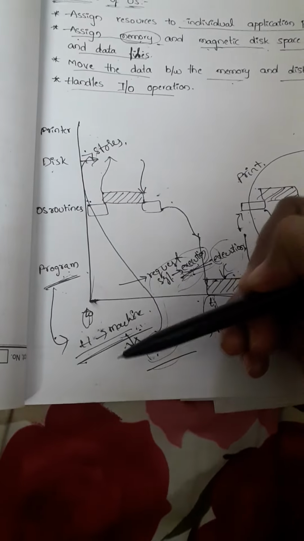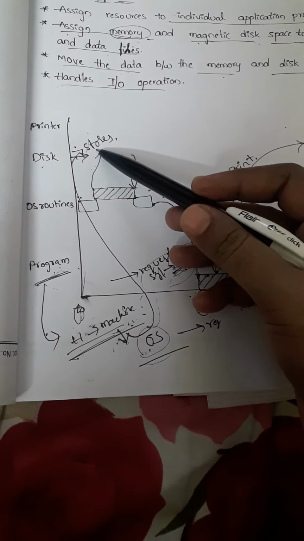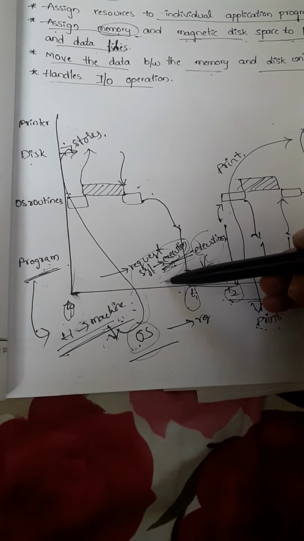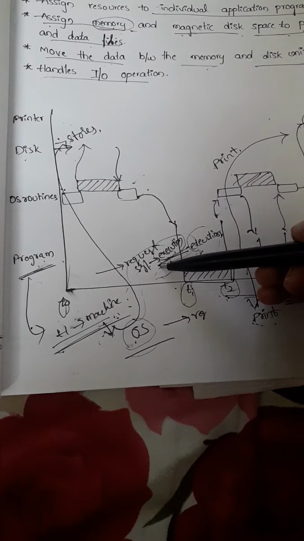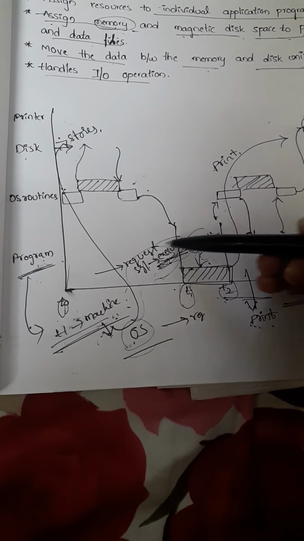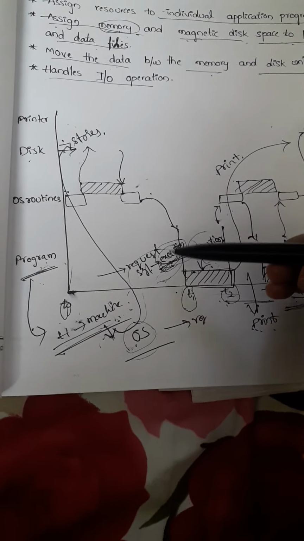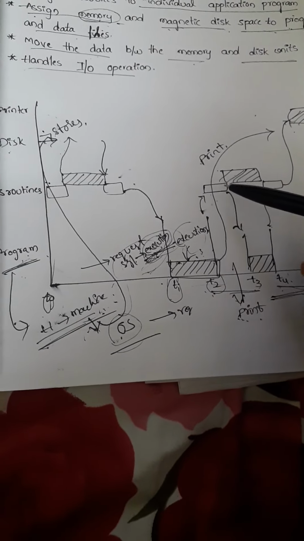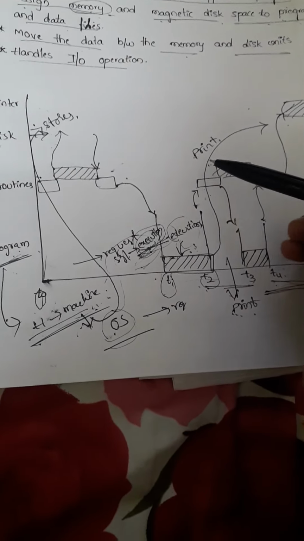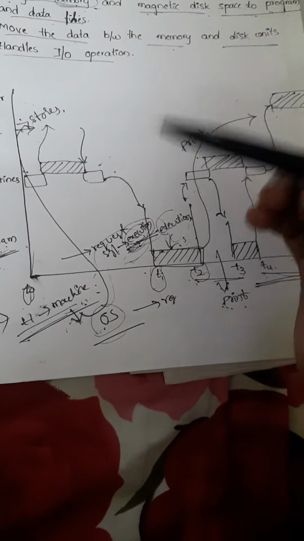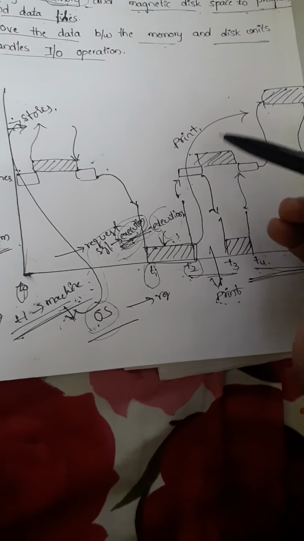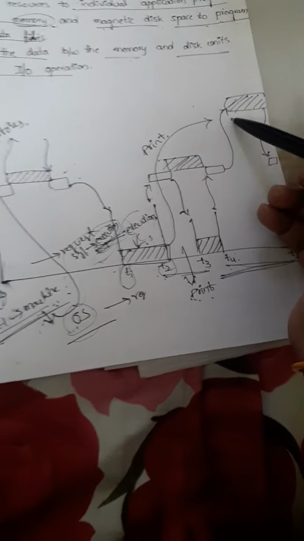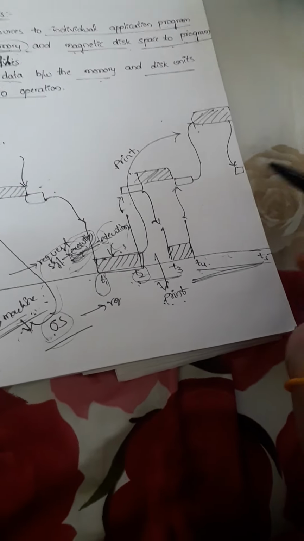So first converting, then storing in the disk, then the execution command is sent, and the information is executed. Then again the OS sends one more command to print. Once the print command reaches the processor, it will print that information in time period t4 to t5.